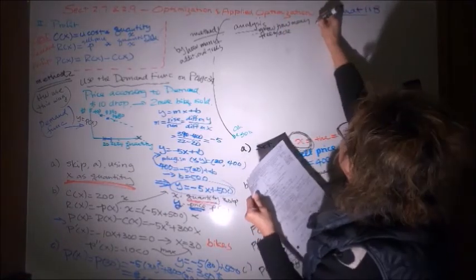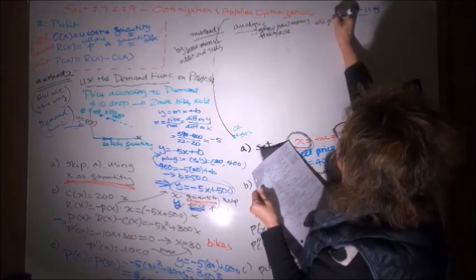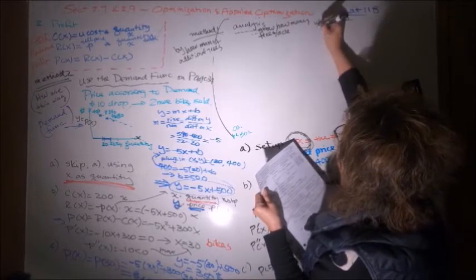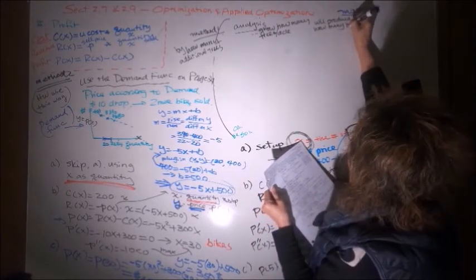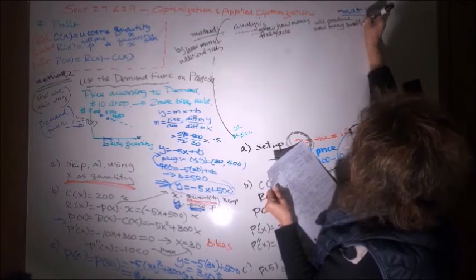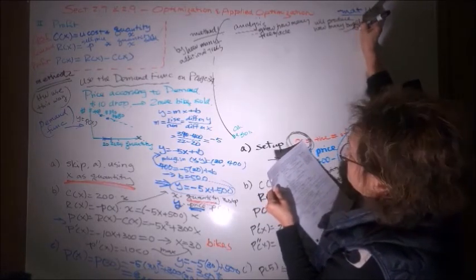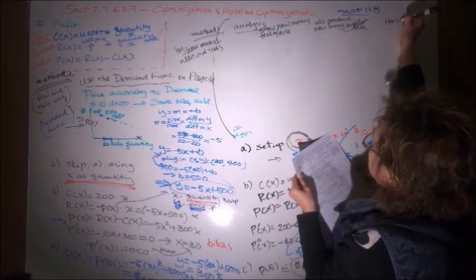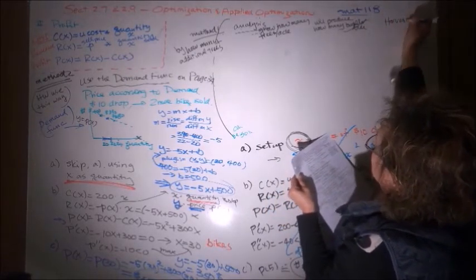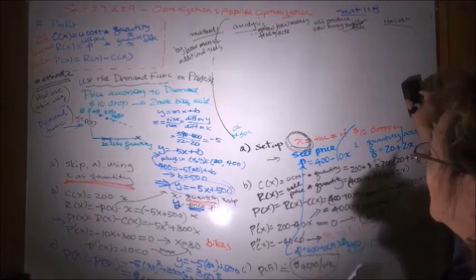Then each one will produce how many bushels per tree, right? Then we figure out what the harvest is.